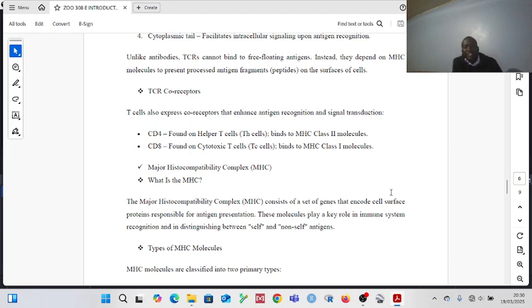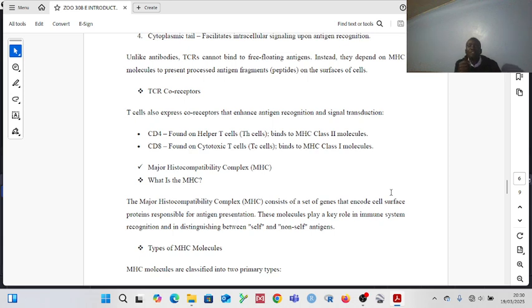So next, let's now look at the major histocompatibility complex, the MHC. What is the MHC? MHC is made up of a set of genes.